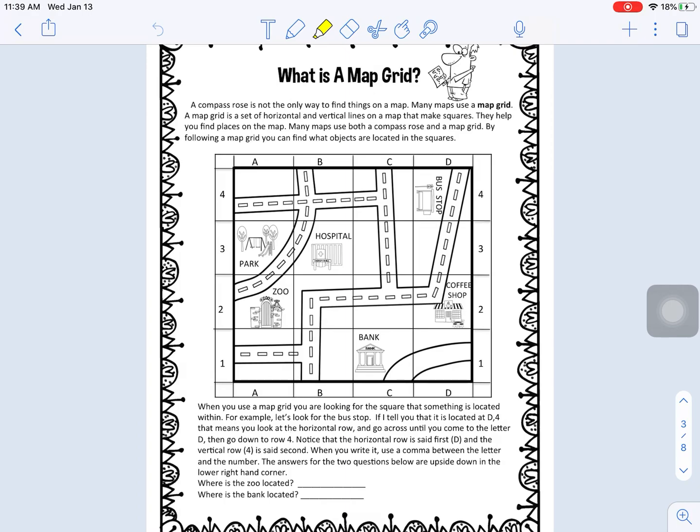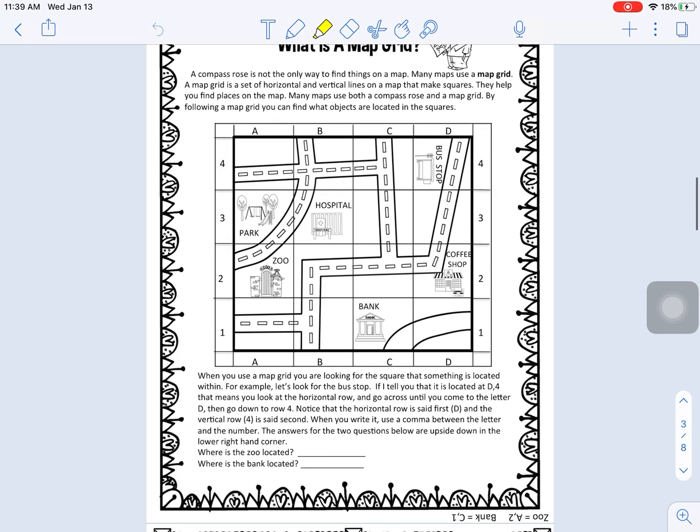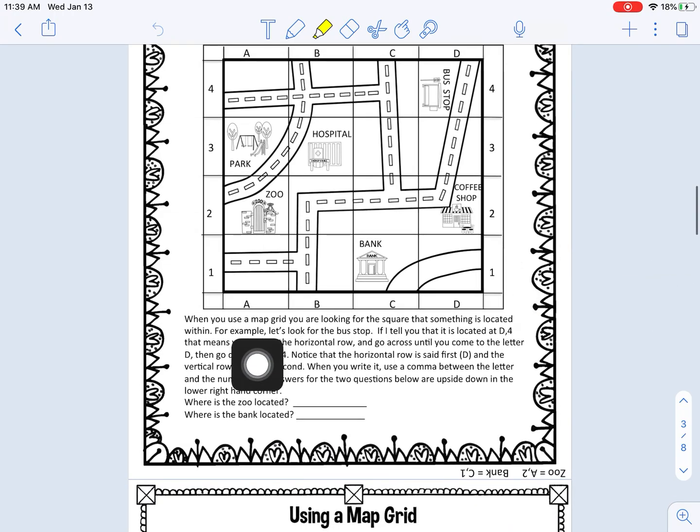A map grid is a set of horizontal, so side to side, and vertical lines on a map that makes squares. They help you find the place on the map. Many maps use both a compass rose and a map grid. By following the map grid, you can find what objects are located in the squares.